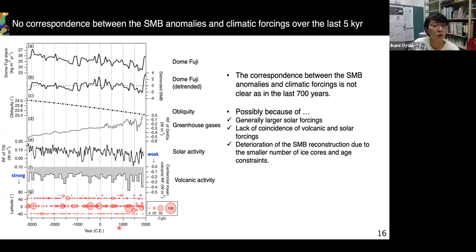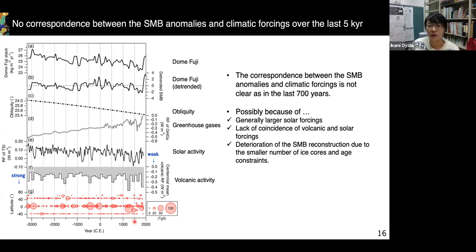Before 1000 common era, the average solar activity was larger and the frequency of large volcanic eruptions was lower than during the last 1000 years. It might be possible that a clear relationship between the significant negative surface mass balance anomalies and solar and volcanic forcing is only visible when the two forcing anomalies are strong and coincide.